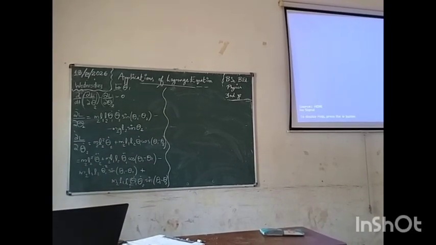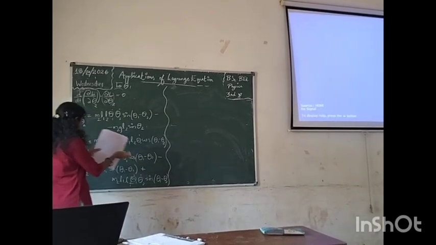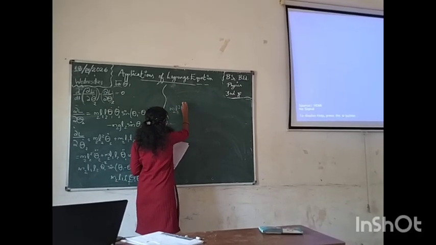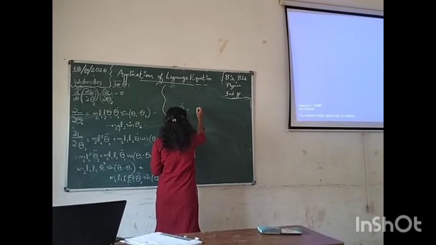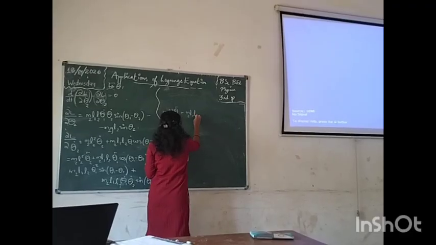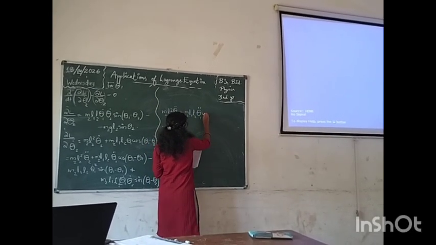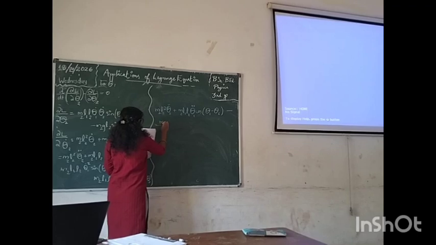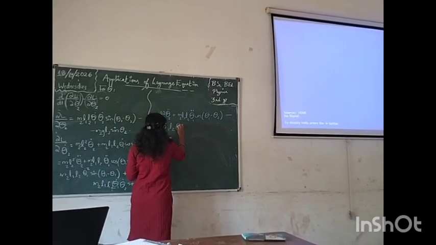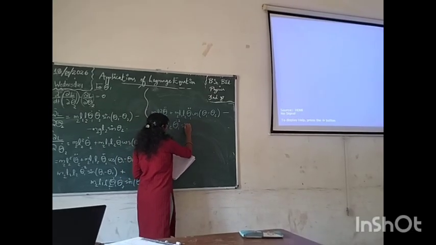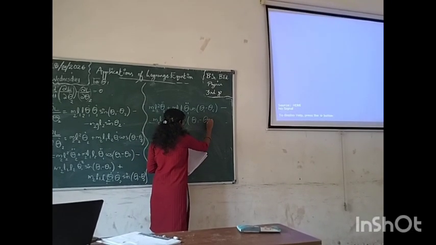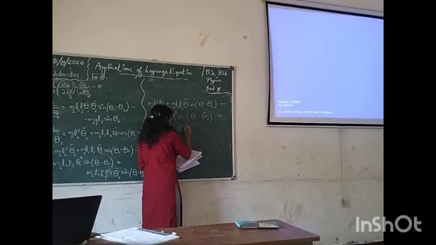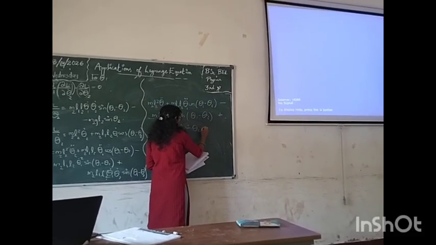Now we have to combine this to form our Lagrange equation, and our equation will be like m2 L2 square theta 2 double dot plus m2 L1 L2 theta 1 double dot cos theta 1 minus theta 2 minus m2 L1 L2 theta 1 dot square sin theta 1 minus theta 2 plus m2 g L2 sin theta 2 equal to 0.